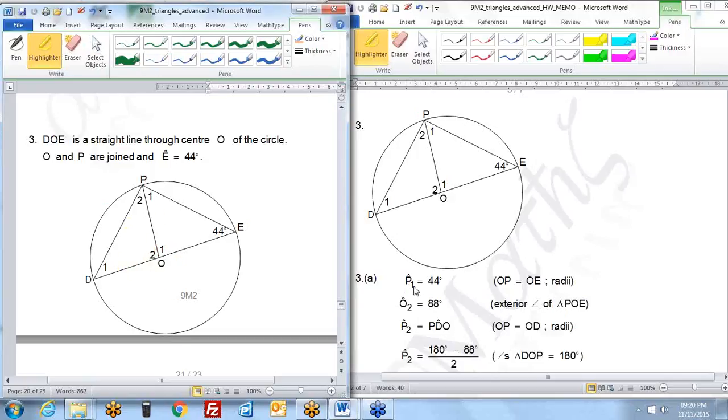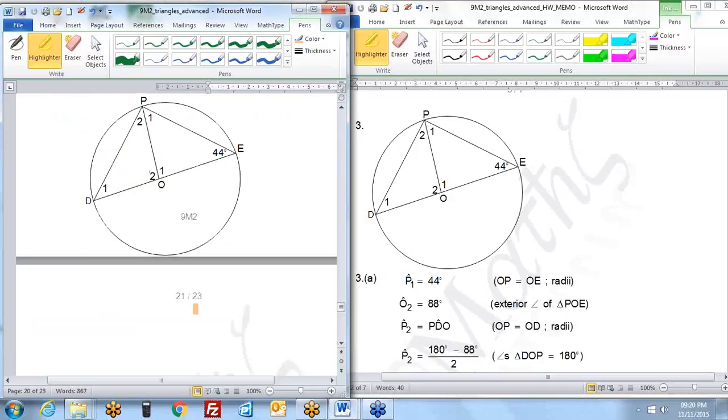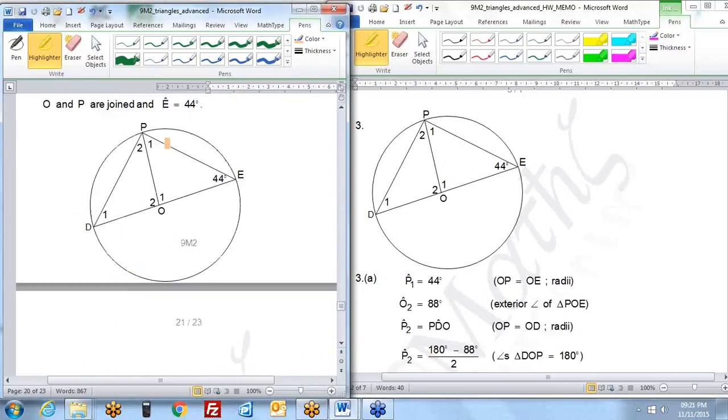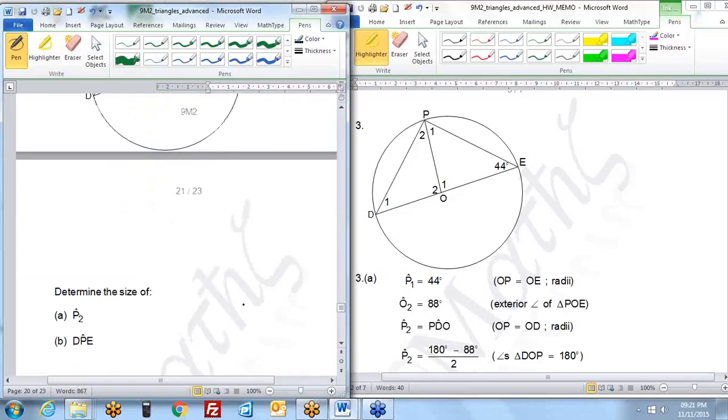Let's just quickly get to the question before we do that. Determine the size of angle P2, that angle over there. See, there we go. Now it's working. So just indicate on your sketch PO equals OE equals DO. We need to determine the size of angle P2.